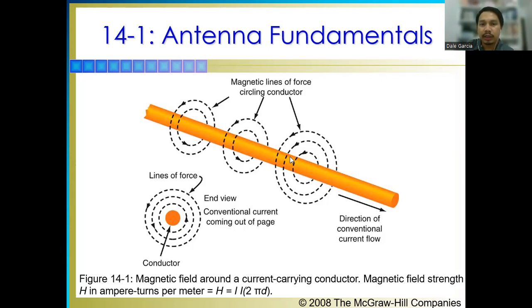By this explanation, any piece of current-carrying metallic wire can produce a magnetic field. That's why any piece of wire could technically be used to create an antenna.